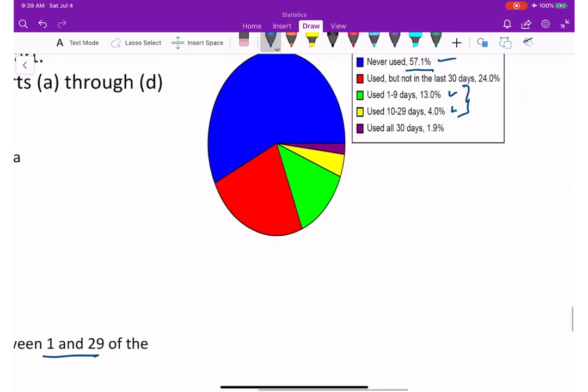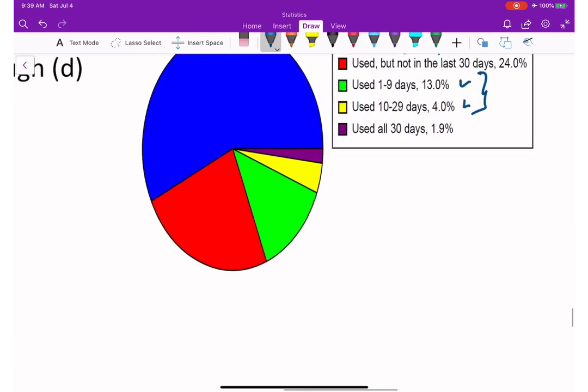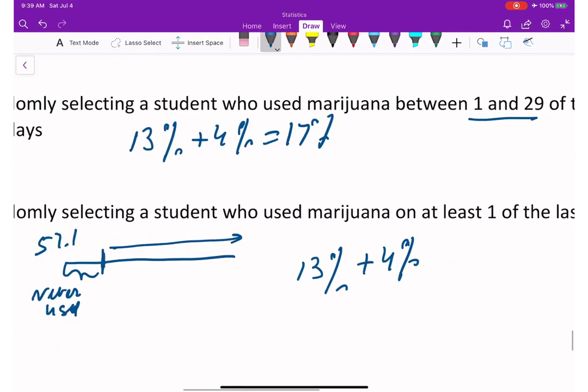And what else do we have here? Used all 30 days, 1.9. And that means you will get 18.9%.